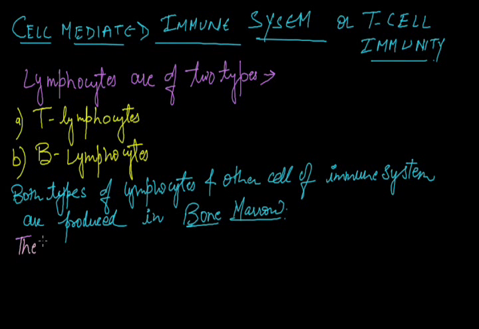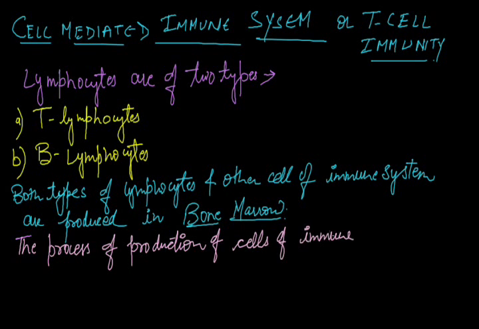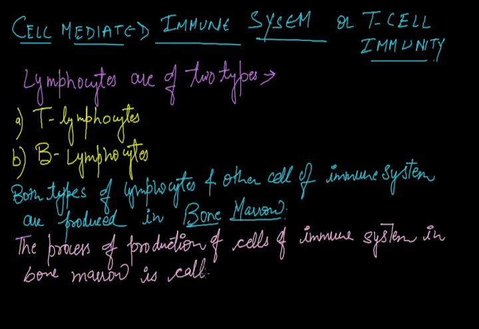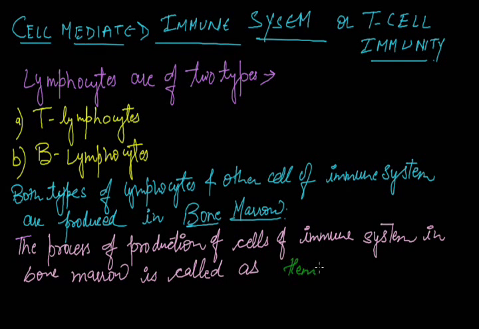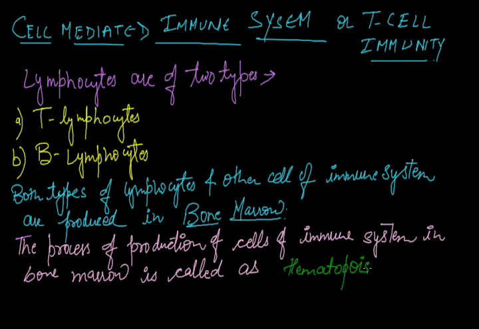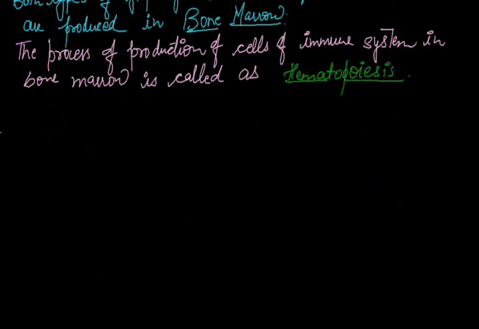The process of production of cells of the immune system in bone marrow is called hematopoiesis. So hematopoiesis is the formation of immune system cells, either lymphocytes or other defensive cells.